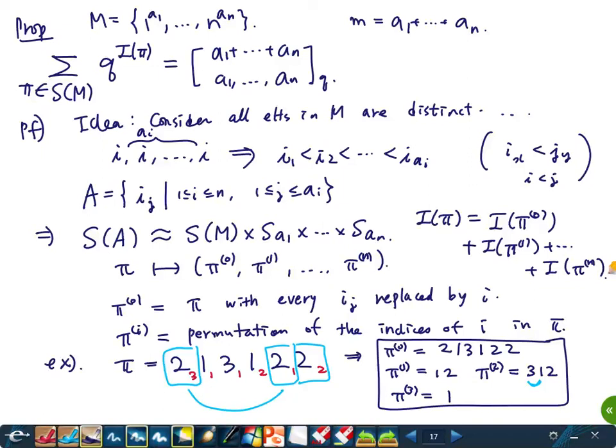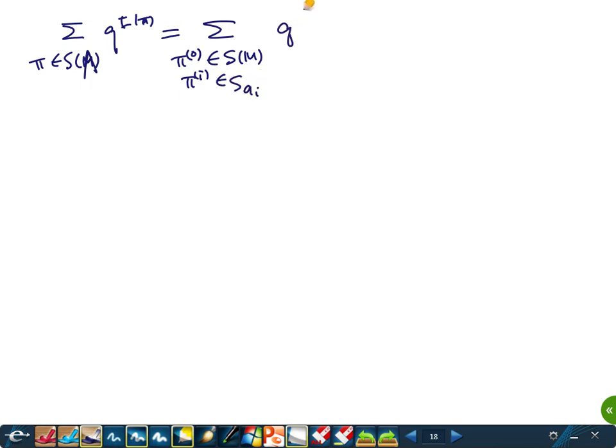So we are almost done. The left-hand side was this, the sum over pi of q to the inversions of pi. But we have this one-to-one correspondence: pi_0 in S_M, it must be A, pi_i in S_{a_i}, q to the inv(pi_0) plus ... plus inv(pi_n).